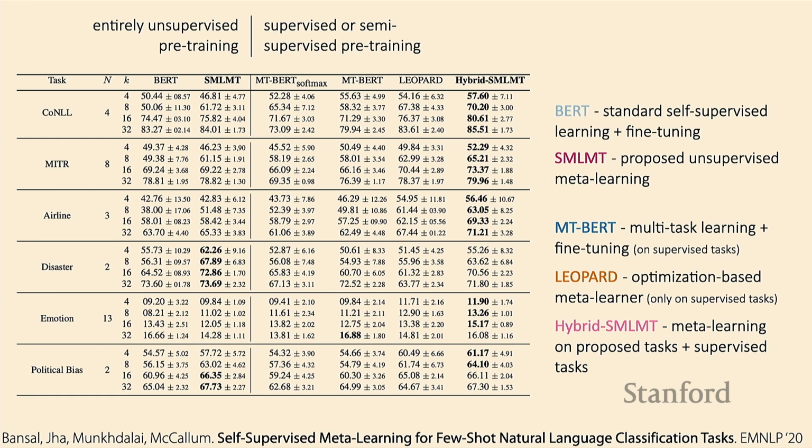And what we see is that by incorporating these tasks generated from the unlabeled data, it's able to do significantly better than only using the labeled data, both for just multitask learning and also for meta-learning.